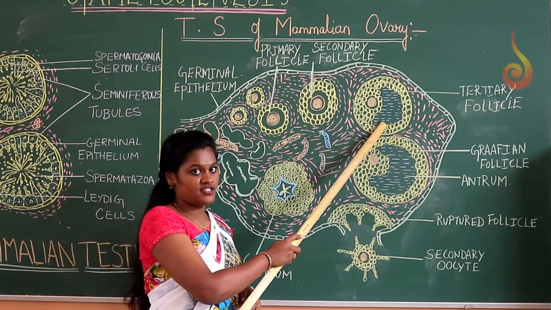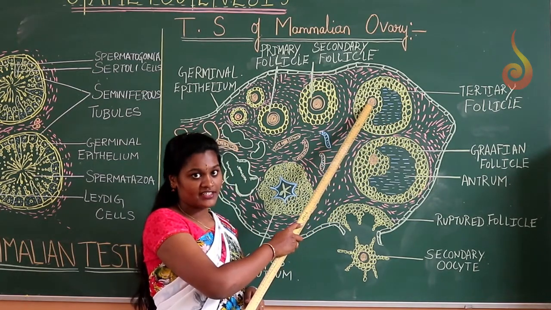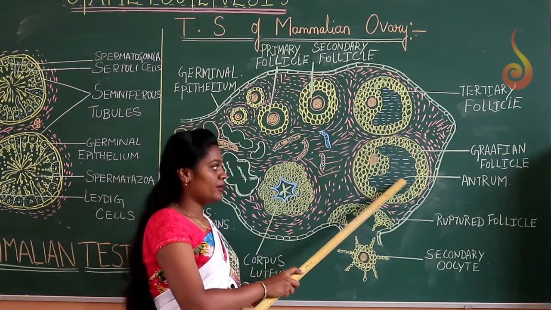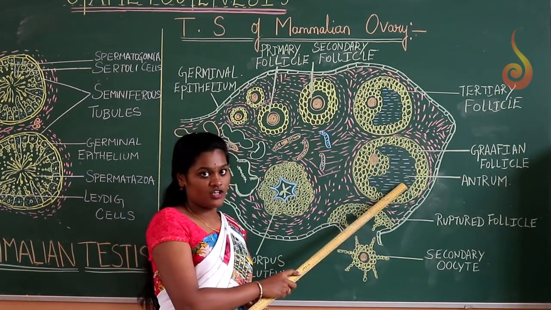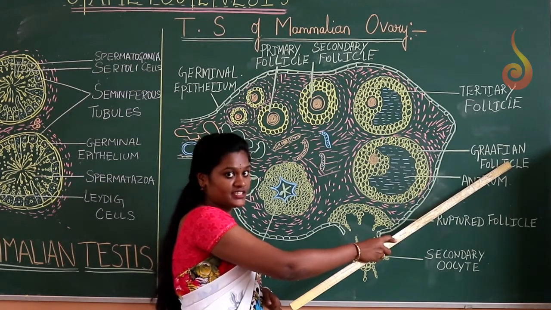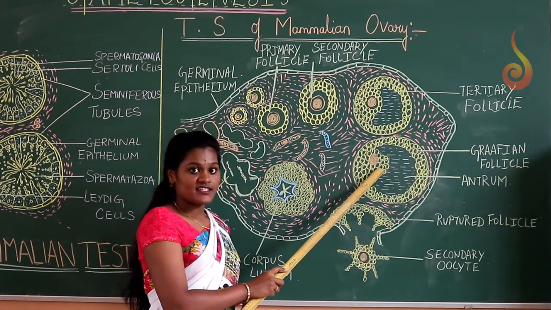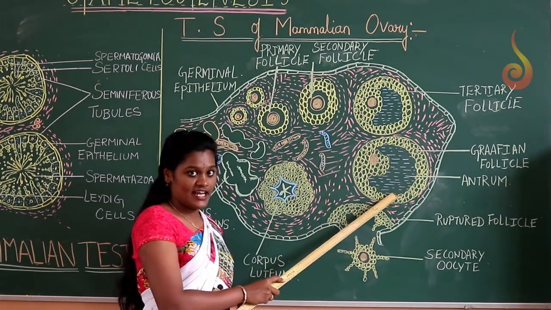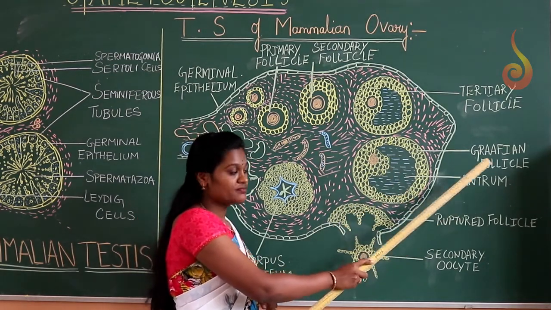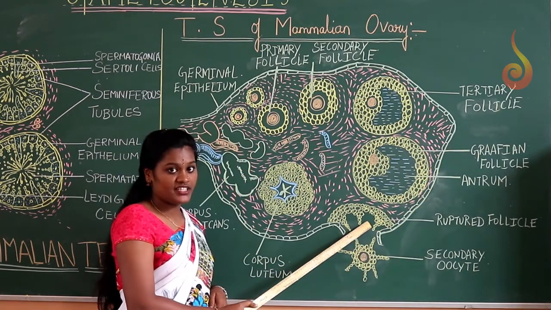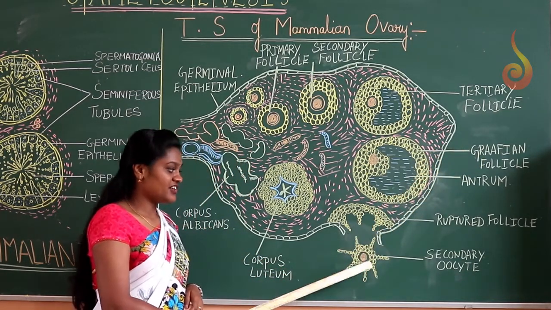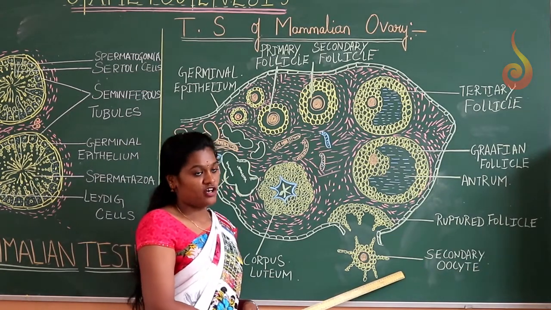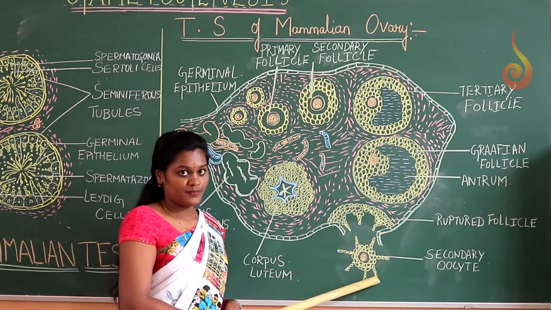Eventually, by meiosis, this primary oocyte is converted into secondary oocyte. Now, the mature follicle is called as Graafian follicle, which contains secondary oocyte and a fluid-filled cavity called as antrum. This Graafian follicle ruptures and releases secondary oocyte, and this process is called as ovulation.